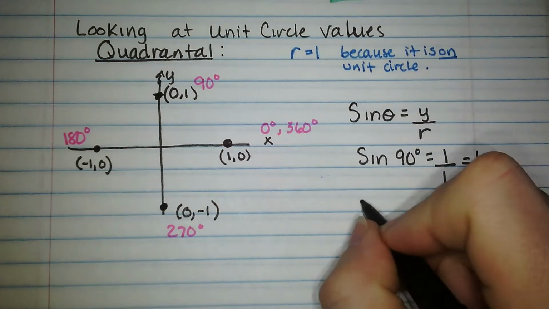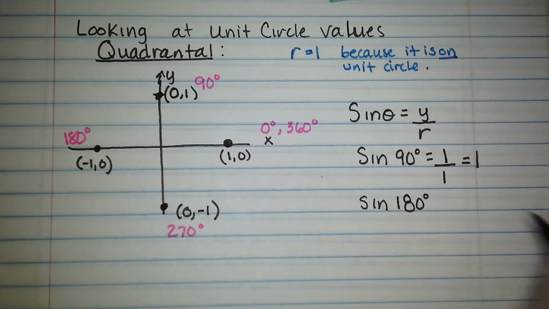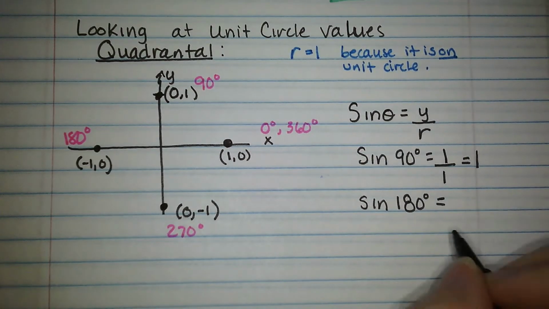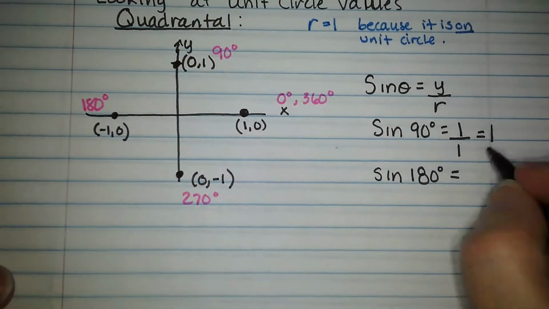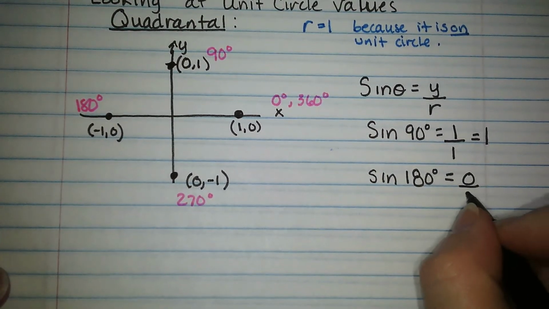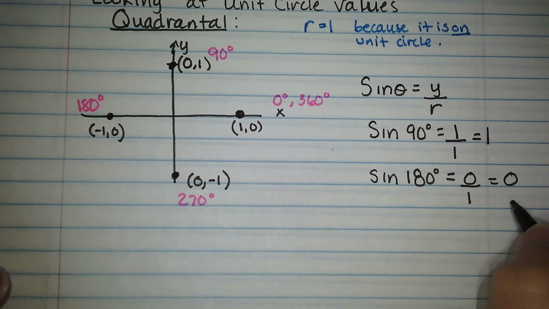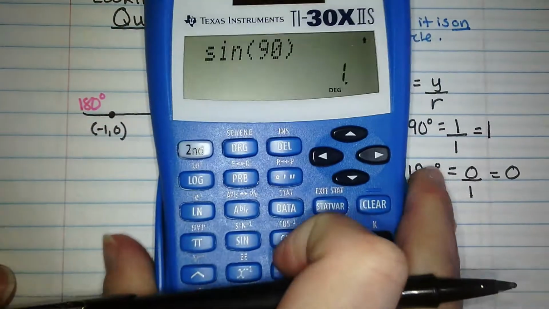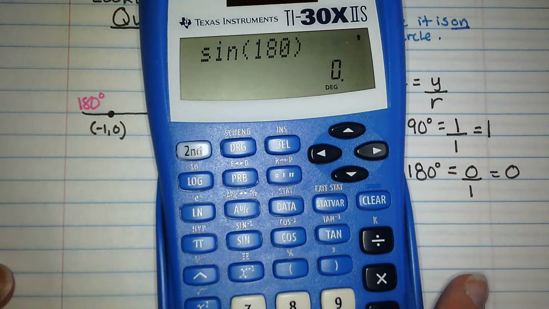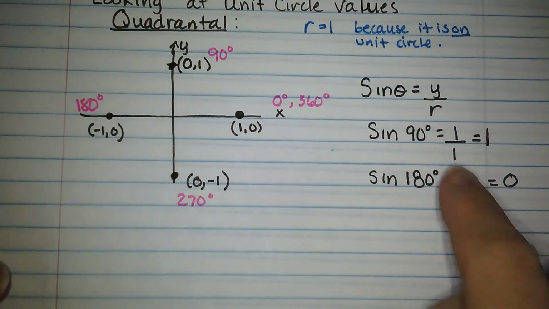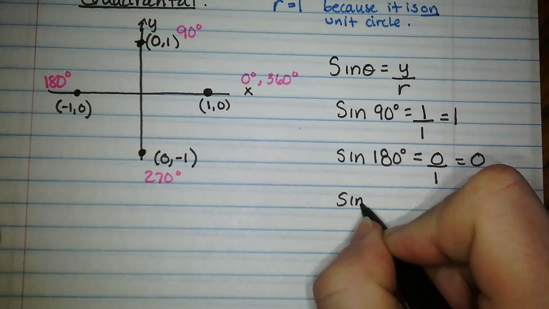If I wanted to do the sine of 180 degrees, I would do y over r. Well, my y coordinate is 0, and my radius is still 1, and 0 divided by 1 is 0. So the sine of 180 is 0. When you do sine of 180, you get 0, and that's where it comes from, this ratio right here.